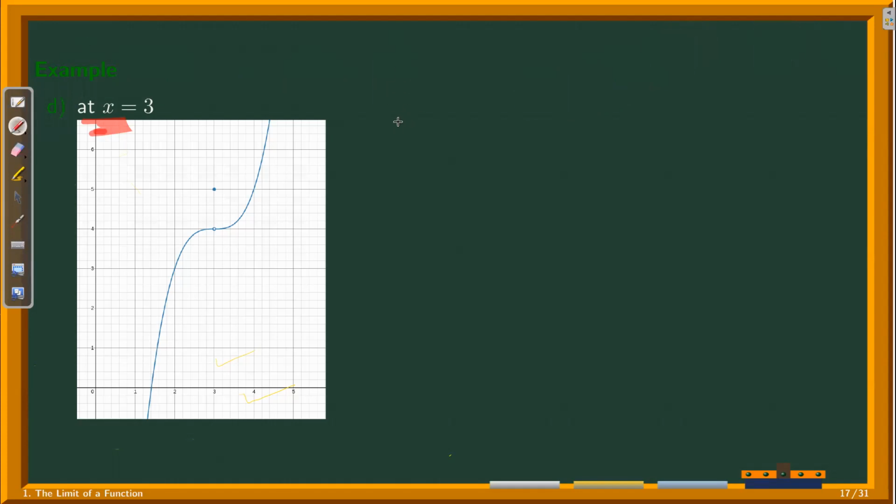So for this answer, first I have to calculate the F of 3. So the first one, F of 3 is defined, no, because it's 5. Then the second one, yeah, good.